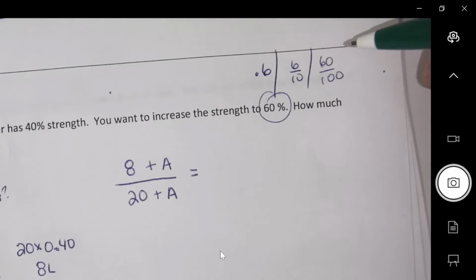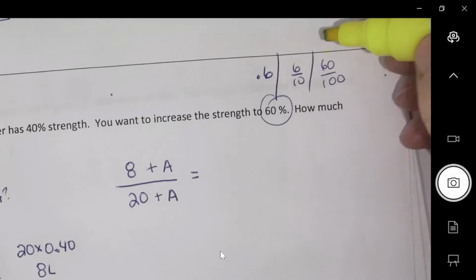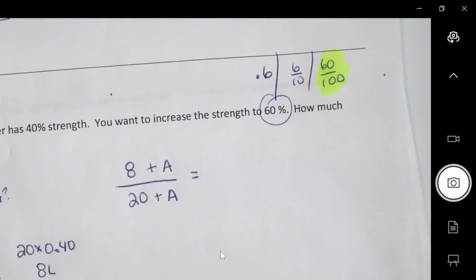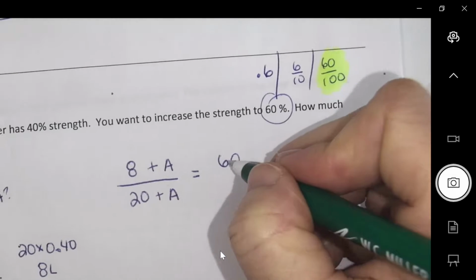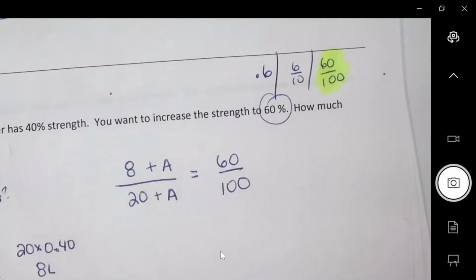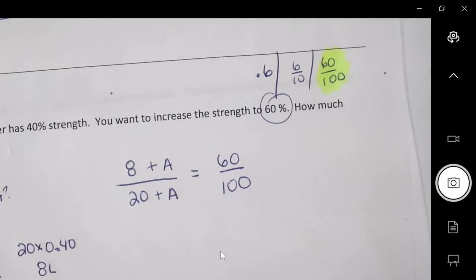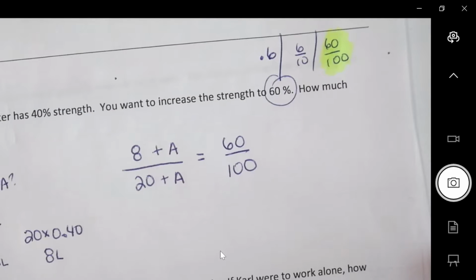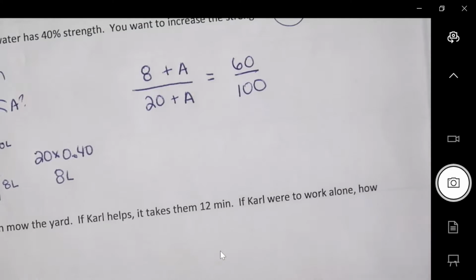I'm just going to pick this one because every single time I do the problem, I could just go something over 100 each time. If you want to pick the 6/10 because you reduced it, or really you could go to 3/5, that's fine. Okay, this is the setup.